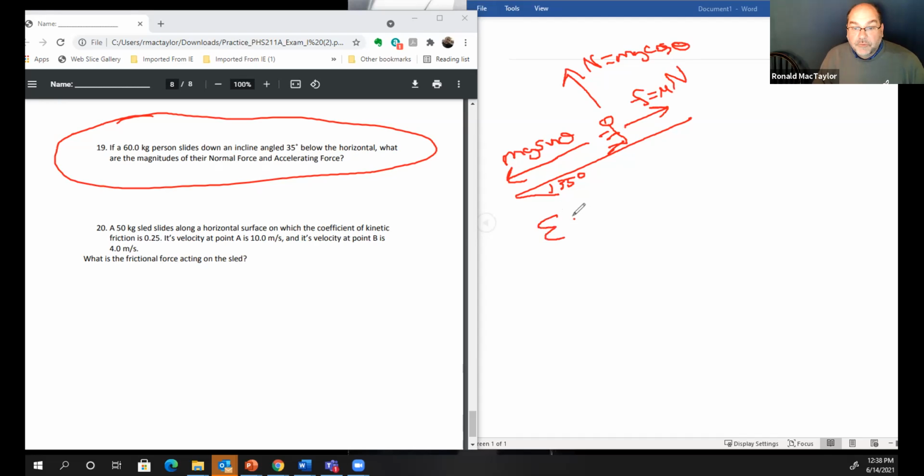So the net force on the inclined plane equals mg sine theta minus coefficient of friction times mg cosine theta.